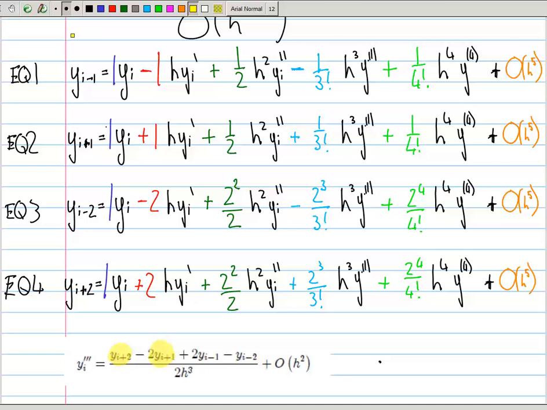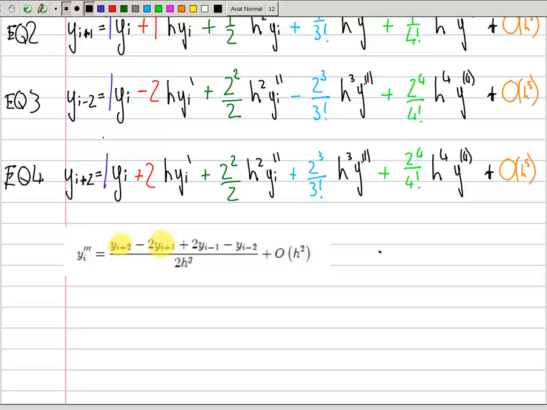So taking those two, that means we are going to be looking at equation y_{i+2} is going to be equation 4. Let's just write this below. So we're going to be taking equation 4 minus 2 times equation 2, because we've got y_{i+2} minus 2 times equation 2, which is y_{i+1}.